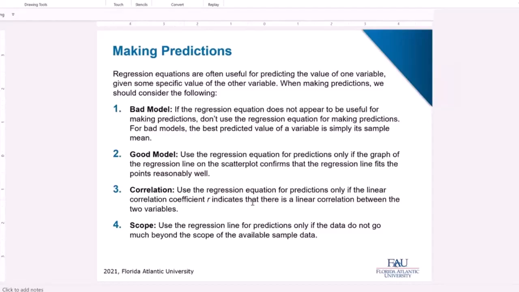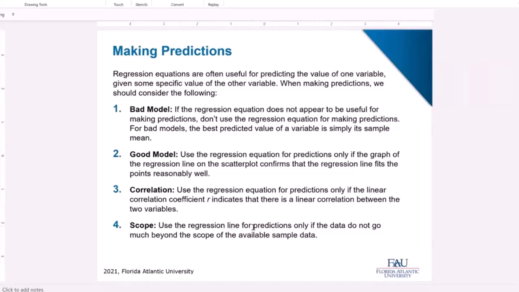Correlation. Use the regression equation for predictions only if the linear correlation coefficient R indicates that there is a linear correlation between the two variables, and we talked about that in 10.1.